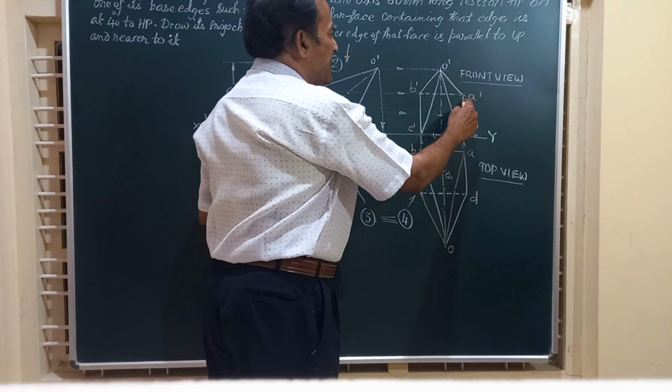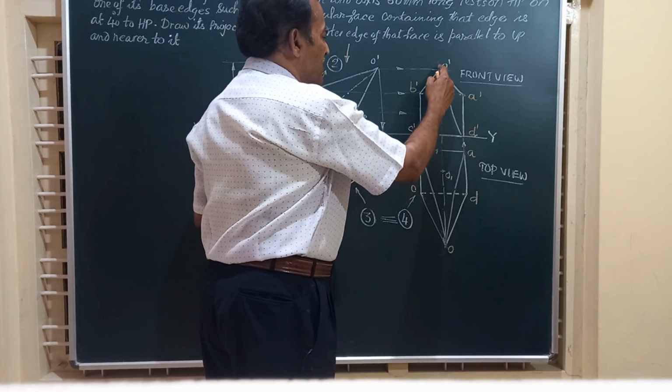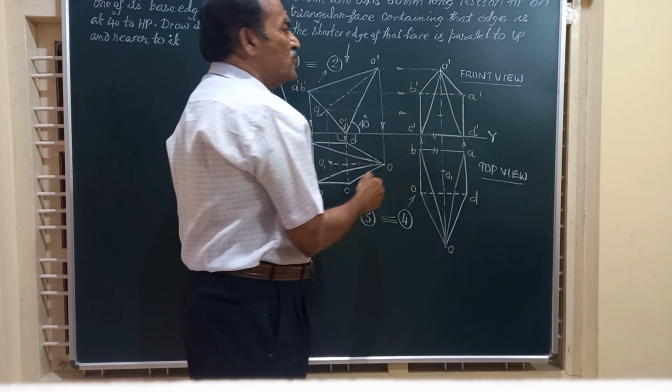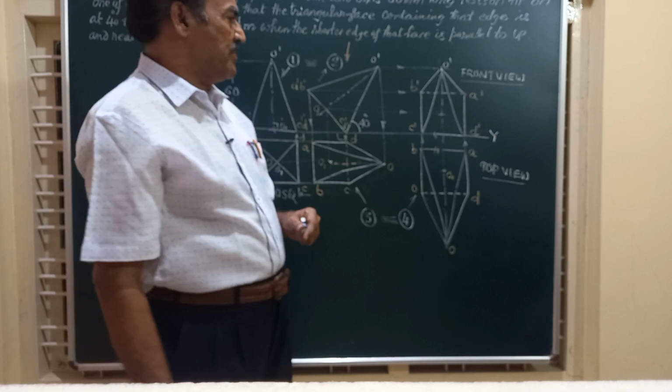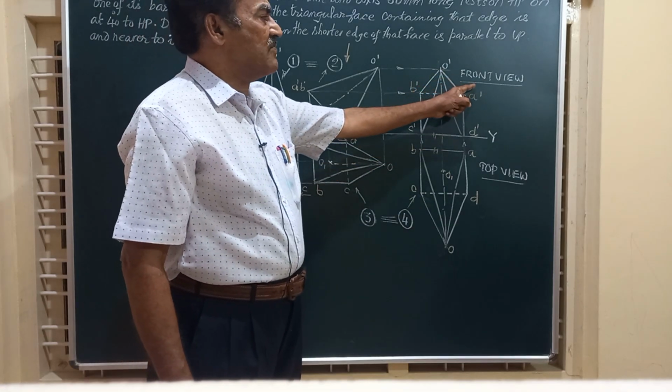And the vertex O is joined to all the corners. That is O dash A dash is one of the slant edges. Likewise, O dash B dash, O dash C dash, and O dash D dash. These are the four slant edges of the pyramid. And this figure will give you finally the front view.